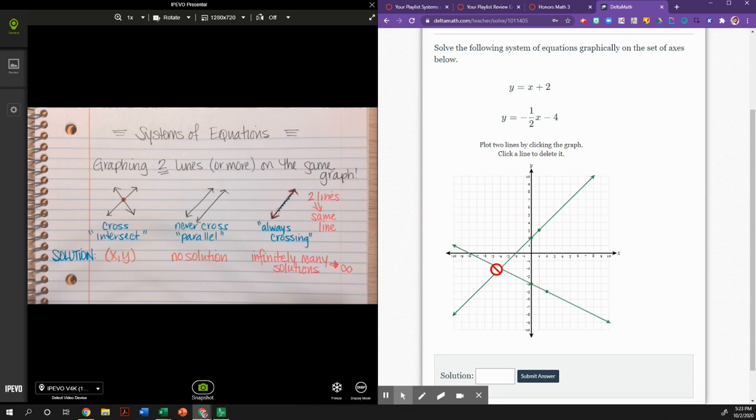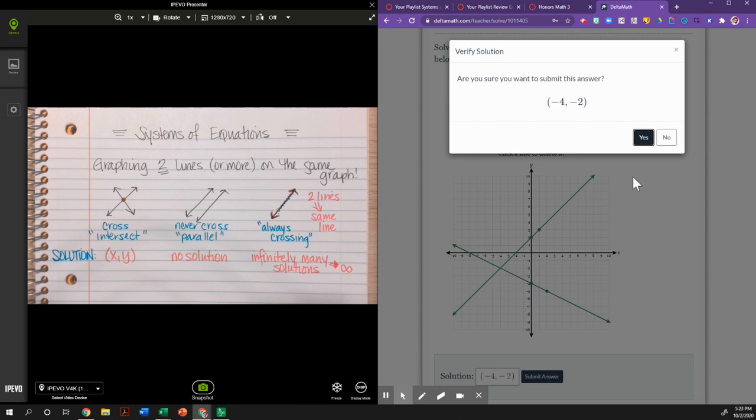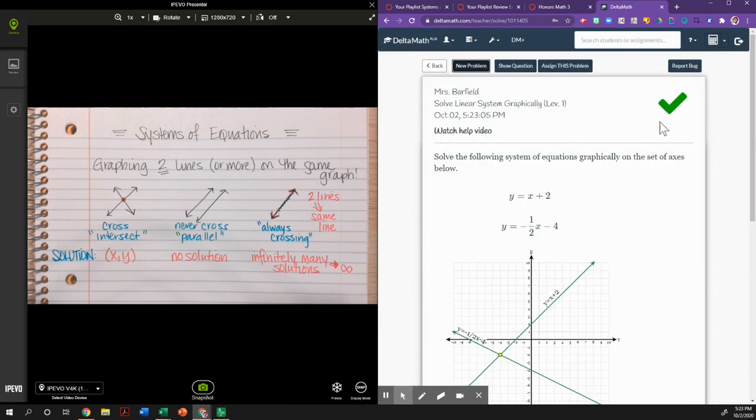It doesn't matter. They cross at -4 because I go left 4 and then down 2, so the point is (-4, -2). I submit my answer, yes, and I get my green check.